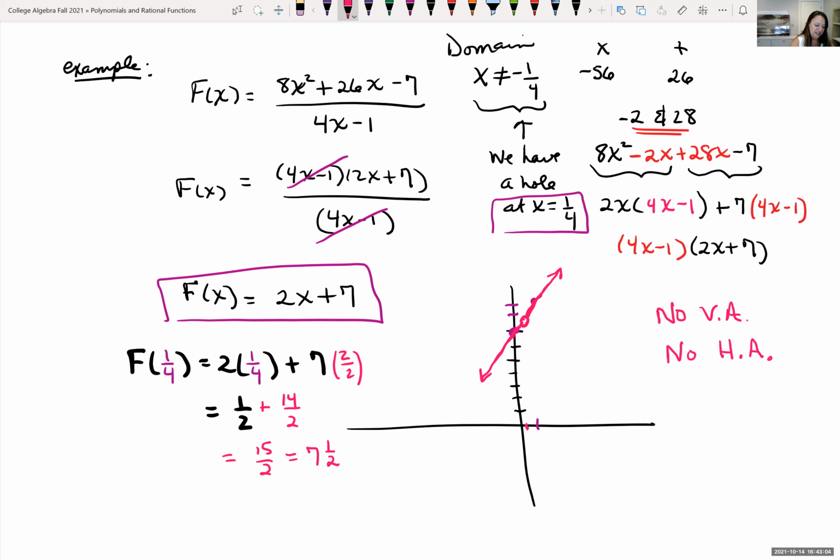And because we factored this, we were able to figure out what it would have been if we had done long division of 4x minus 1 divided into 8x squared plus 26x minus 7. We would get back 2x plus 7. So we can think of it as an oblique asymptote, the same line that we have as our graph. Other books call it a slant asymptote.